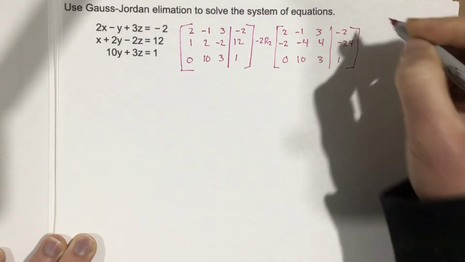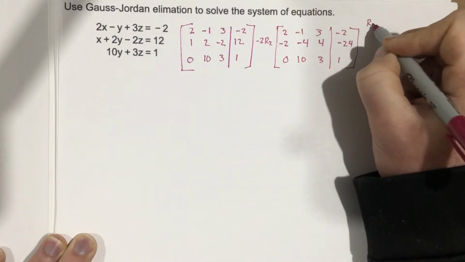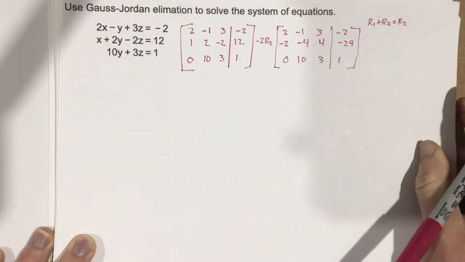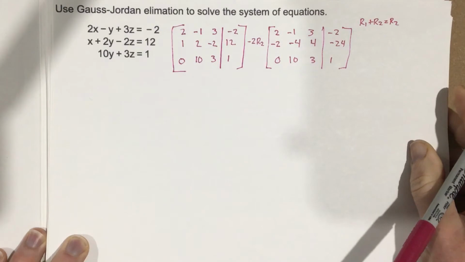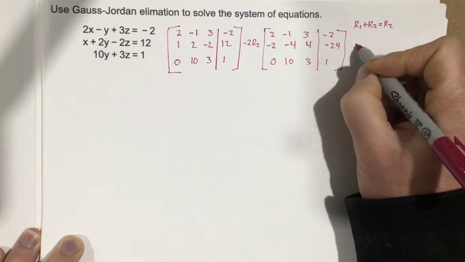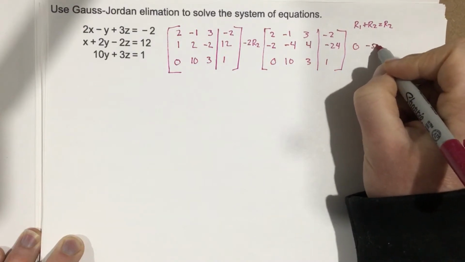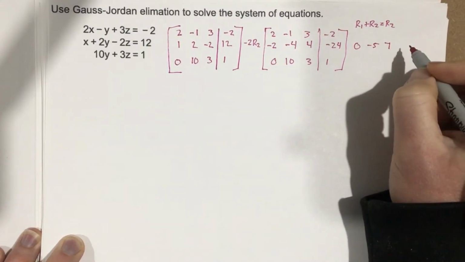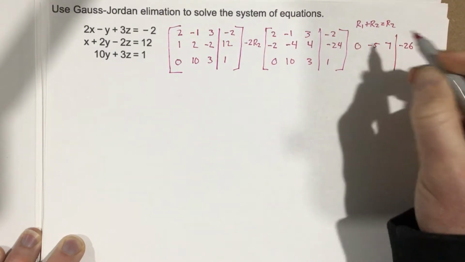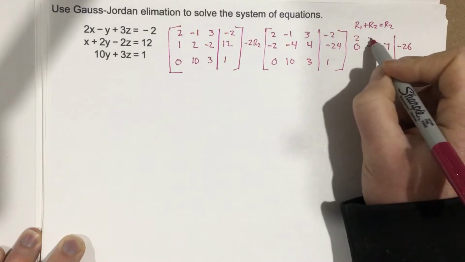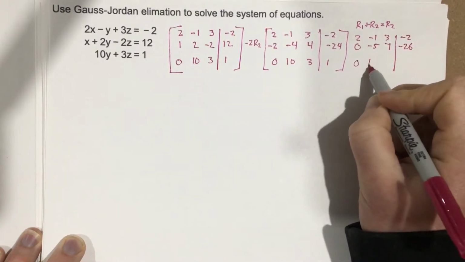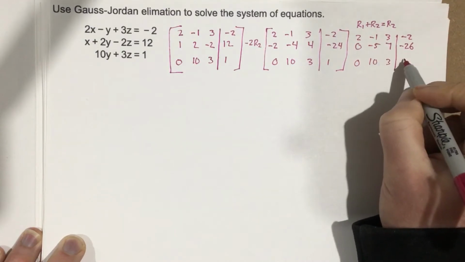We're going to add row 1 with row 2, and that's going to equal row 2. So when we add these, we're going to get 0, -5, 7, -26. And on top we still have 2, -1, 3, -2. On the bottom we still have 0, 10, 3, 1.